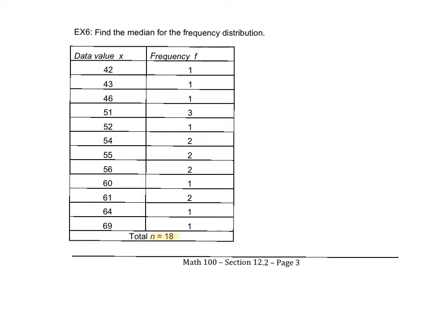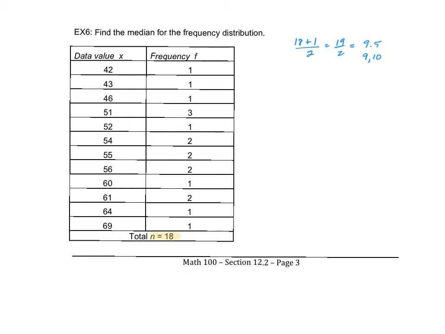So I know my n is equal to 18. I'm going to use the position formula to find the median. The position would be (18 + 1)/2. So that's going to be 19 over 2, which gives me 9.5. So I'm looking at position 9 and position 10.